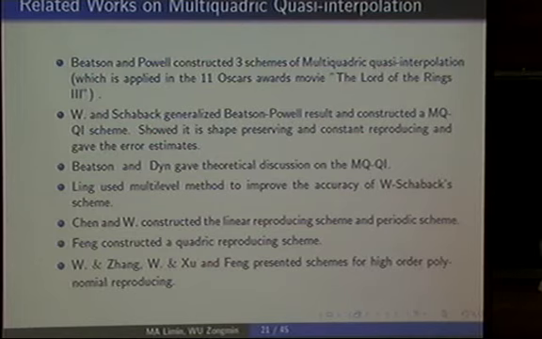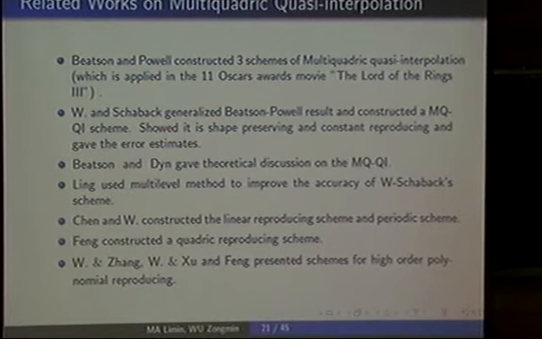And myself and Schaback generalized the Beatson and Powell result and constructed MQ quasi-interpolation, and showed it is shape preserving and constant reproducing, and gave the error estimates theoretically. And Beatson and Dai gave the theoretical discussion on the MQ quasi-interpolation too. And then some other works, a lot of works to get further results.